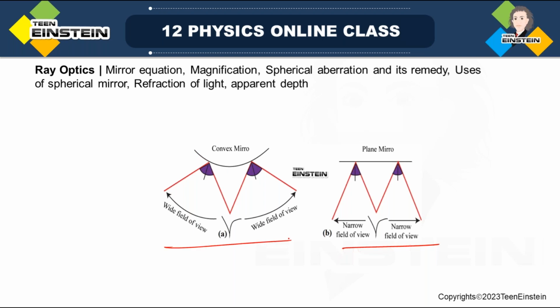So that is the reason. At a turning point, we can see the whole wide road through this mirror, but through a plane mirror we can see only a part of the road. So these are a few uses of concave and convex mirrors.